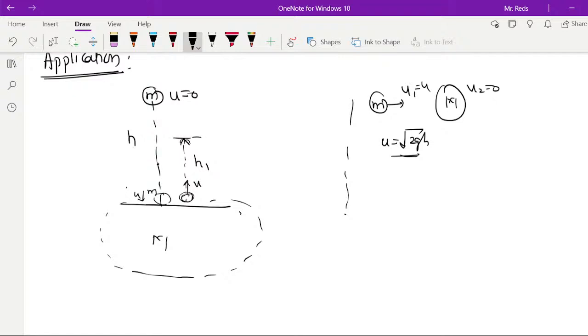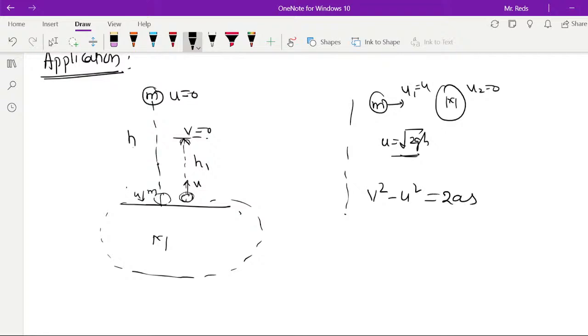Then to what maximum height will it rise is the question. Let us say this is h1. After rising to this maximum height, its final velocity will become 0. We have to make use of this here. By using the equations of motion, as we want the distance, v square minus u square is equal to 2as.